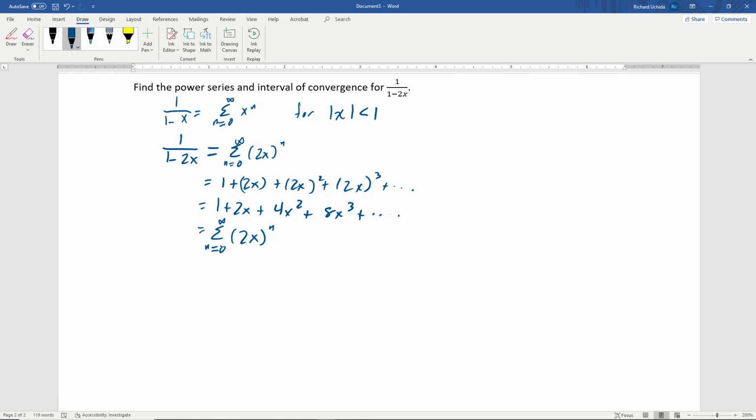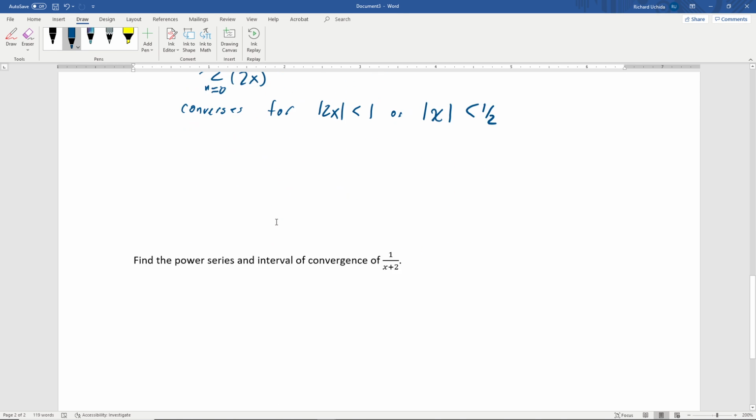And the interval of convergence in this case converges for values of x where the absolute value of 2x, what we're plugging into the power series in for x, is less than 1. That gives us the equivalent of saying when the absolute value of x is less than 1/2. So that would be our interval of convergence for that power series.